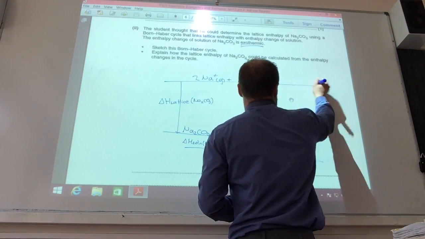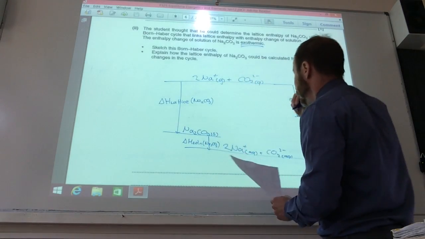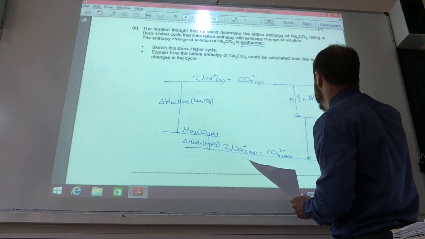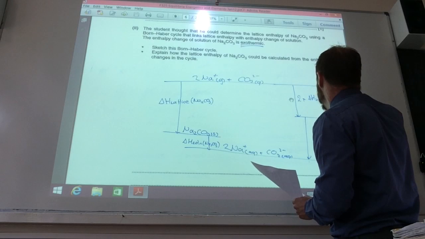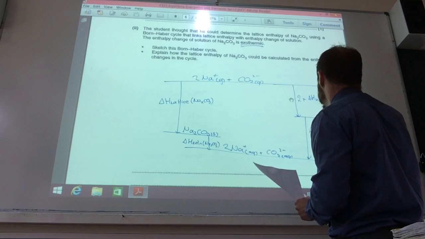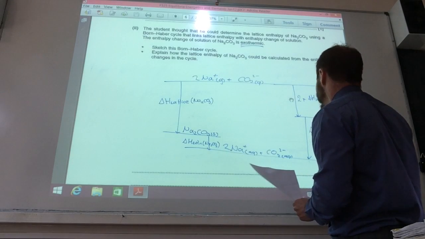And then down this side, you're going to have two steps. The first step will be 2 times delta H hydration of Na plus gas. And then this one will be delta H hydration of the carbonate ion gas.